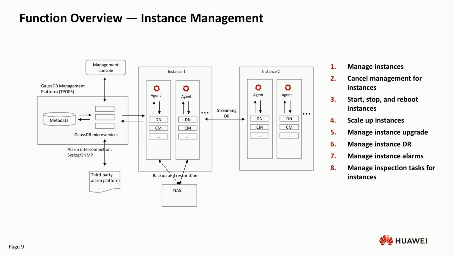As shown in the following figure, the GaussDB management platform interacts with users through the management console and interworks with the agent on the instance through GaussDB microservices for you to manage, control, and perform O&M operations on instances. It also provides northbound function API and alarm interconnection to open up existing capabilities. Later, we will describe detailed operations and procedures based on the O&M functions of each instance.